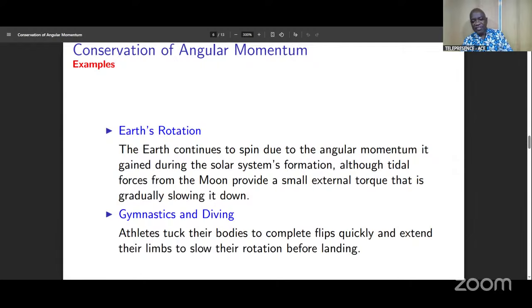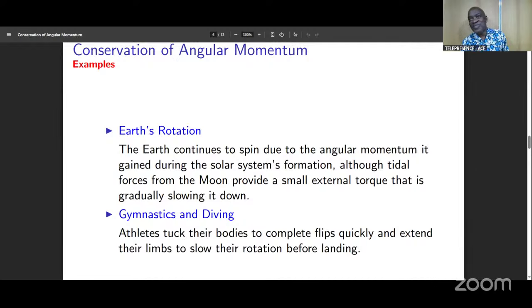Okay, so the Earth continues to spin due to the angular momentum it gained during the solar system's formation a long time ago. That is so, and although there are some tidal forces from the moon which provide a small external torque, okay, which is gradually slowing it down, okay.